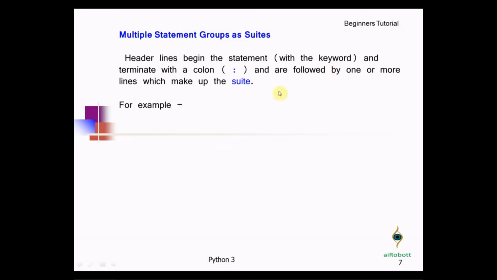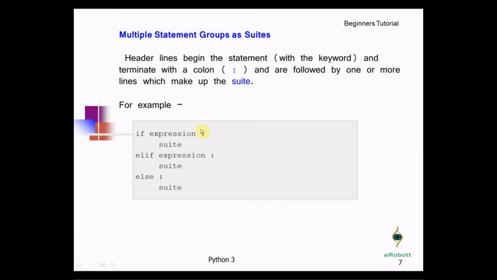After using this keyword, the line will be terminated with a colon, and it is followed by a suite. Let's see one example here. If is a keyword, expression is a name, function name.